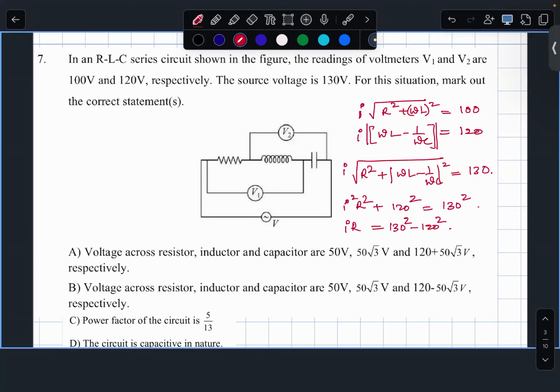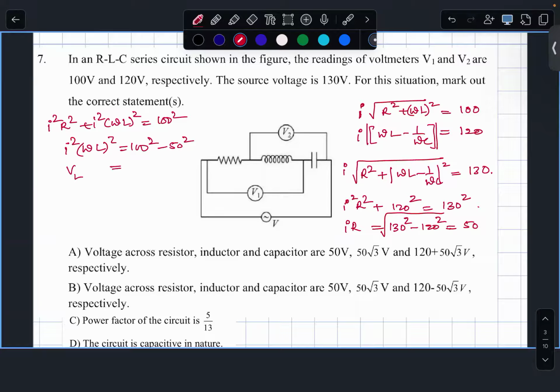What is this value? 50 volt. Now, very clearly from this I can say I square R square plus I square omega L square is 100 square. So I square omega L square is 100 square minus 50 square.